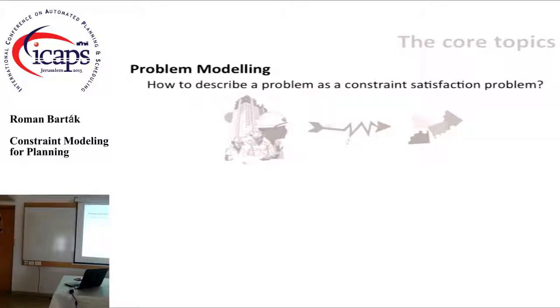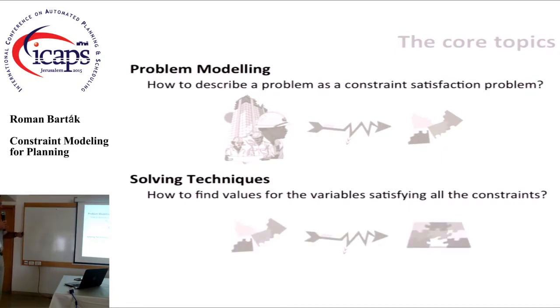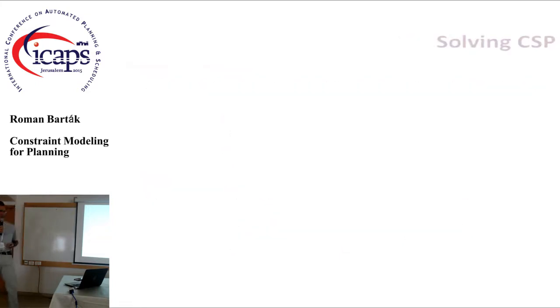This is what we will be talking about in the second part of the tutorial. I'll be showing models for planning problems. And of course, then we need to solve the models, which is the process of assigning values to the variables satisfying all the constraints. In this tutorial, I'll be going in the reverse order. So we will start with the solving techniques, and then I will show you how we can model some problems.